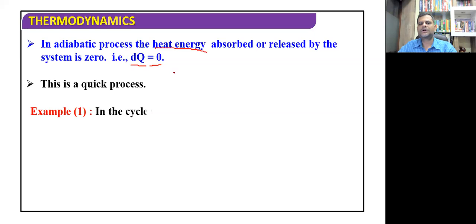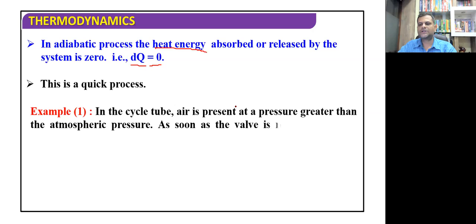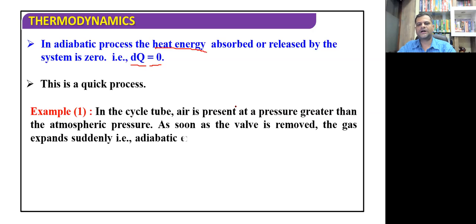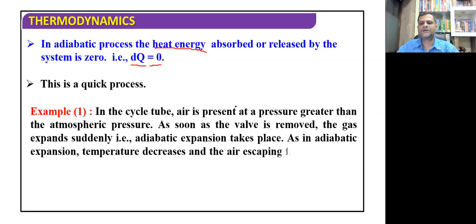So actually this is a quick, sudden process. Whenever there are sudden changes in pressure, we can call it an adiabatic process. For example, sudden compressions or sudden expansions, or suppose a cycle tire tube bursts, then that is going to be an adiabatic process.